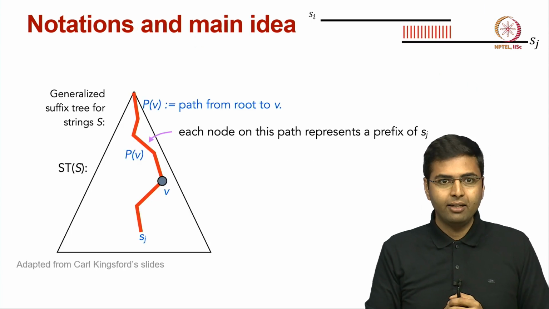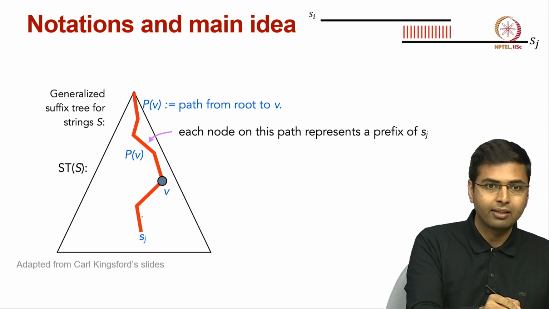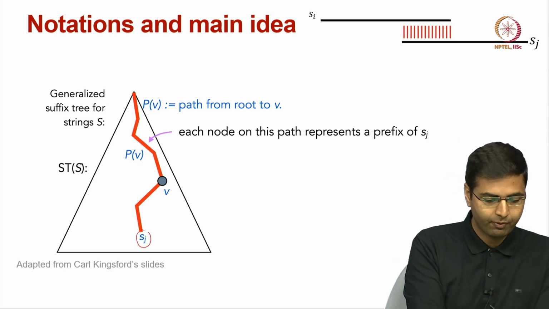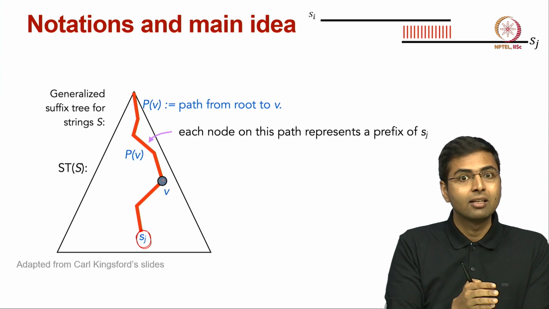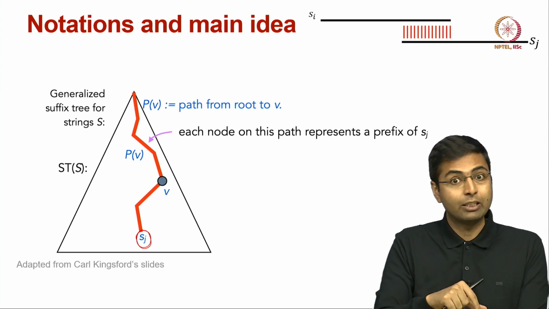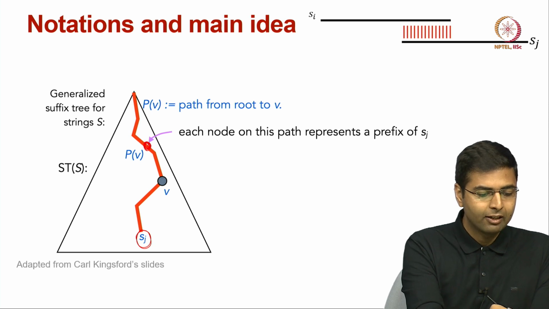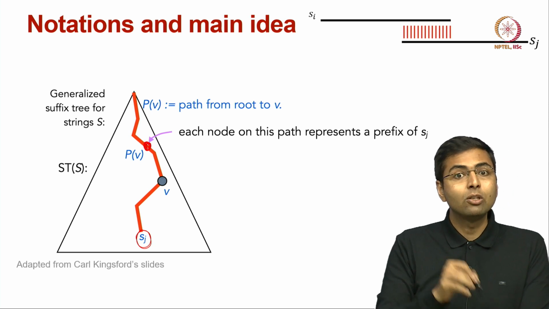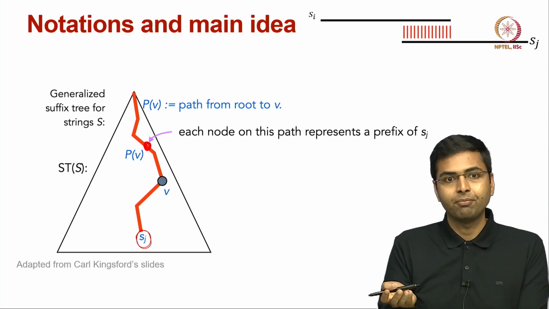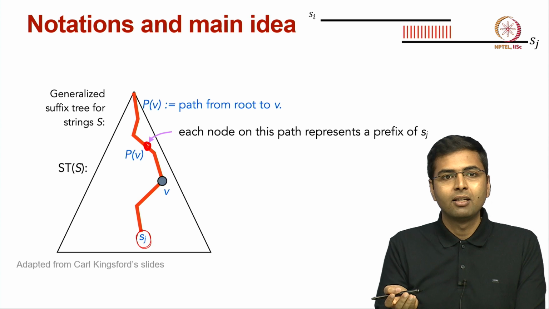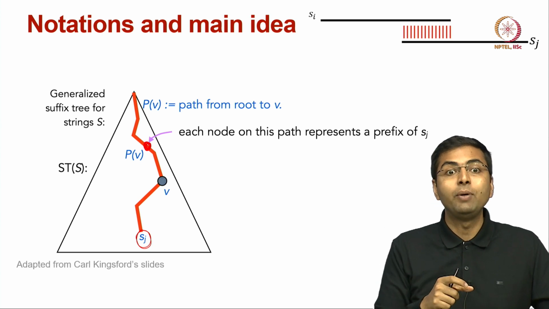So, here is the intuition for how this will work. As I said, we are going to look at the complete path that spells string Sj, and each node along this path represents a prefix of string Sj as well. So, if for example there is a node ending here, then the path label of this node gives me a prefix of Sj, correct. Now I have to start using my list LV, right.